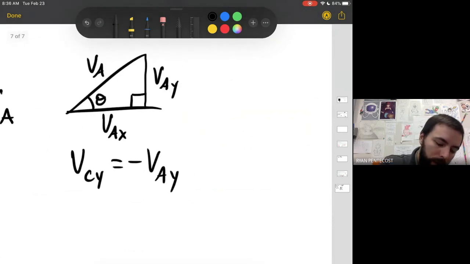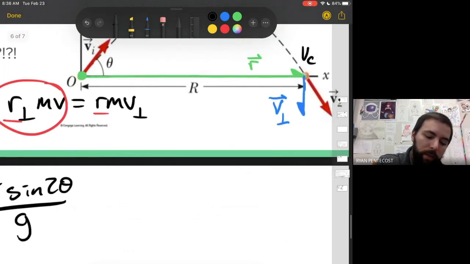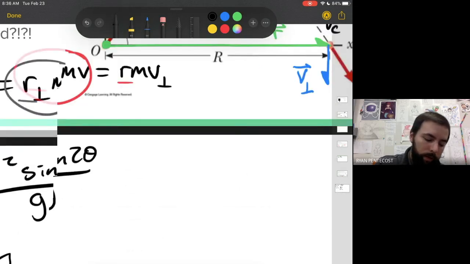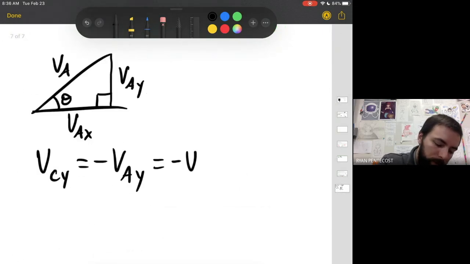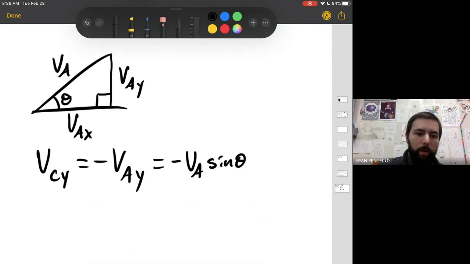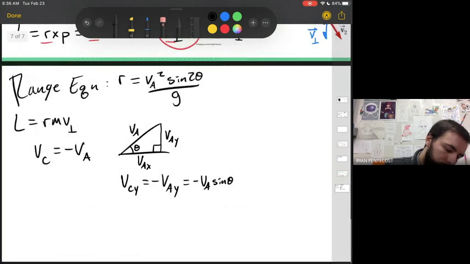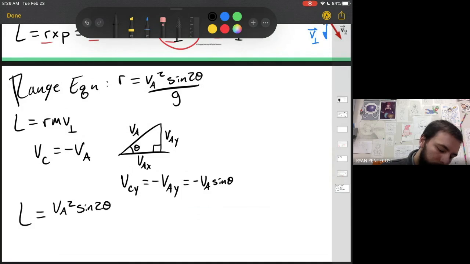And we know that VA in the Y, we already solved that. That is VA sine theta. So this VC in the Y, we're just taking VC and getting its Y component, so that would be negative VA sine theta. So what we'll do then is take our range, which is VA squared sine 2 theta divided by g, times mass times negative.